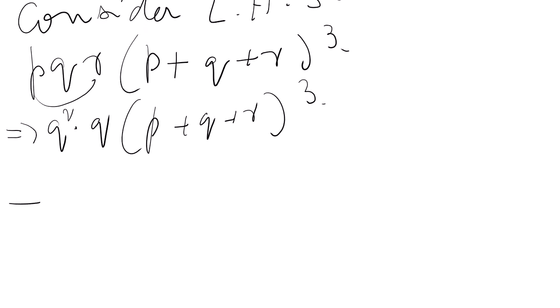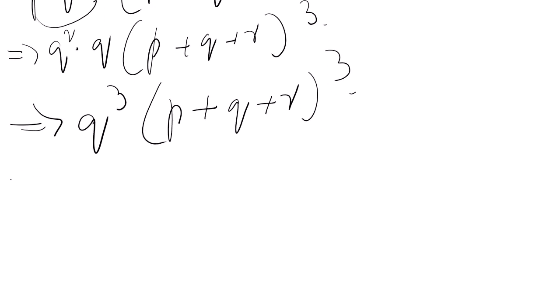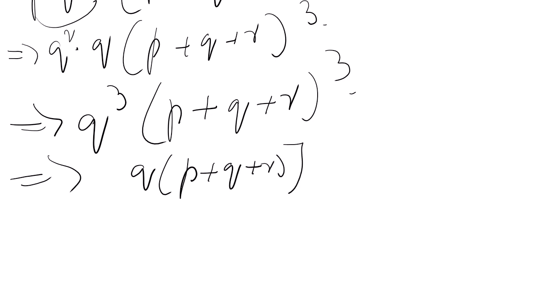So this implies Q cube into (P plus Q plus R) whole cube. So this can be written as Q into (P plus Q plus R) whole cube.